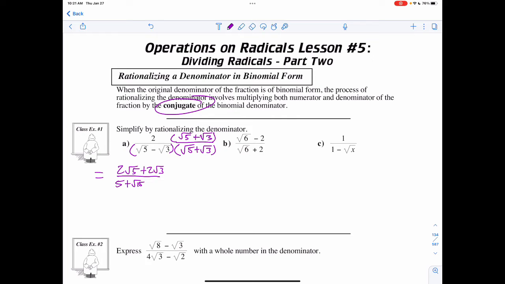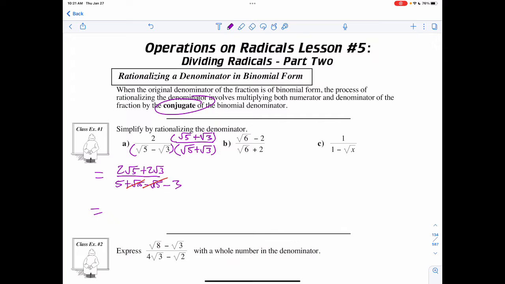Negative root 3 and root 5 makes negative root 15. And root 3 and root 3, one's positive, one's negative, so it's going to be negative, and just 3. And I can see that that cancels out the radical in the denominator. So all I'm left with is 5 minus 3.